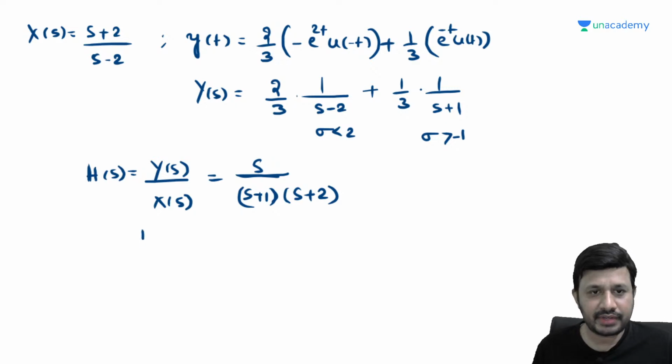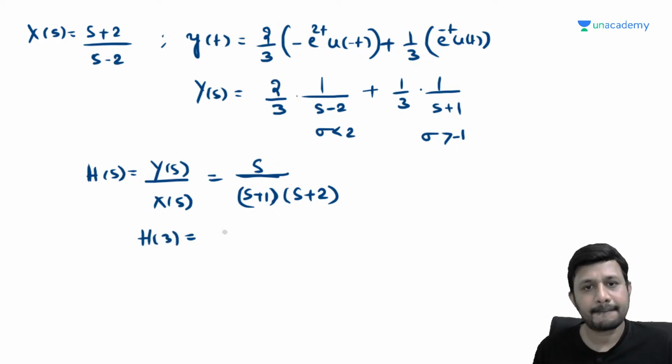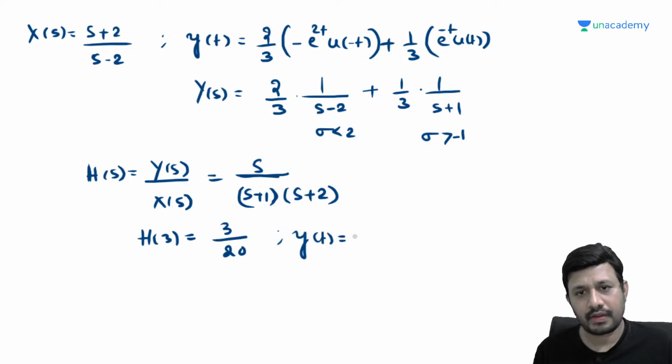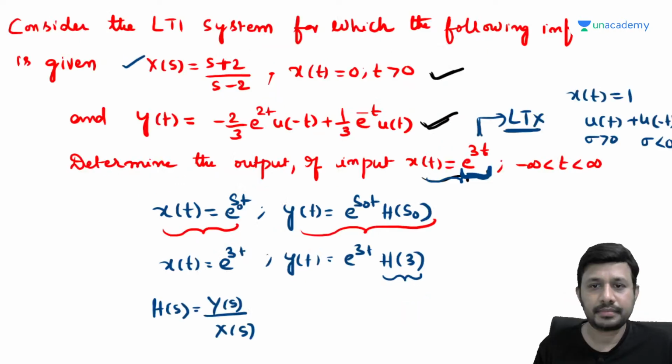Please reply. Take the ratio and check whether you get this one. H of 3 will be 3 by 20, and your y of t is e power 3t times that. This is your output.